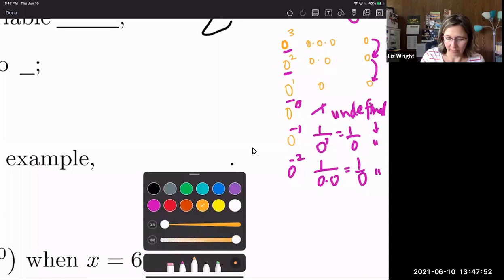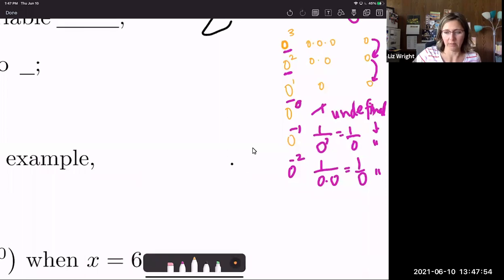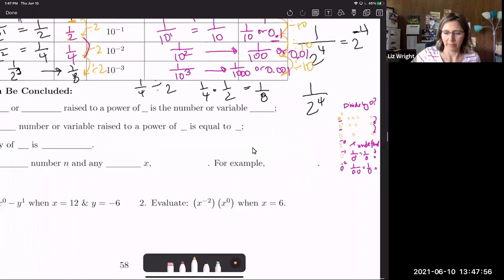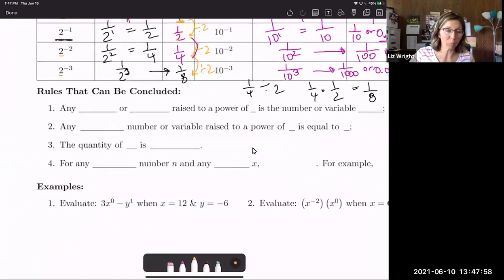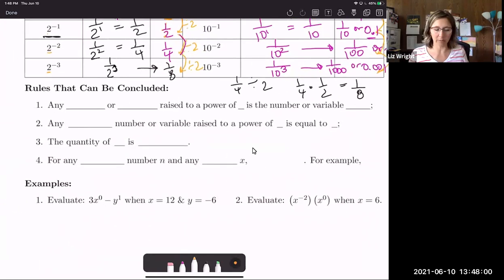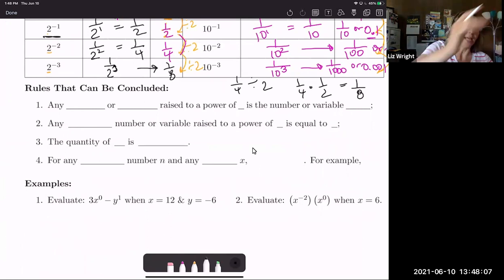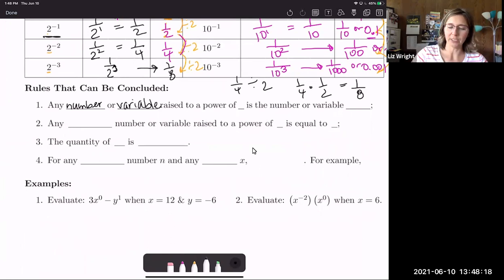So now that we have talked through that, come back over here and let's write in our rules that we can conclude based off of what we were just talking about and what we were discovering in the table up above. So any number or variable raised to a power of 1, what is the answer to that?